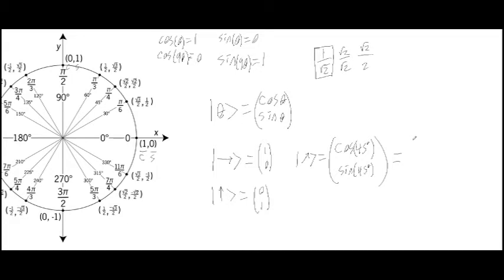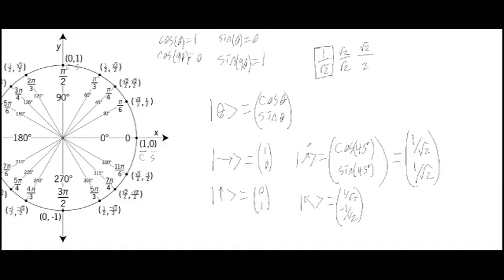And so you will end up with a vector that looks like this: 1 over square root of 2 and 1 over square root of 2. And if you go in the opposite direction, if you have one that goes like this, then that will be 1 over square root of 2 and minus 1 over square root of 2.